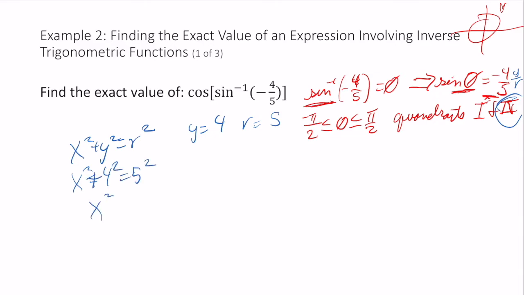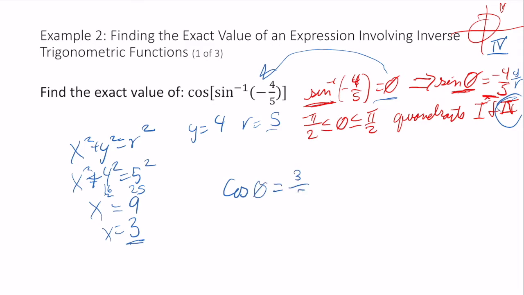So x squared equals 9, because this is 16 and 25. So x is 3. And our cosine in quadrant 4, which is where we are right now, is going to be positive. So cosine of theta is 3/5.